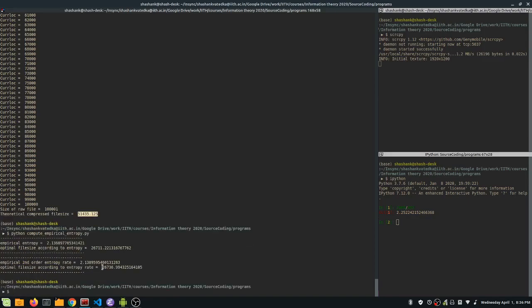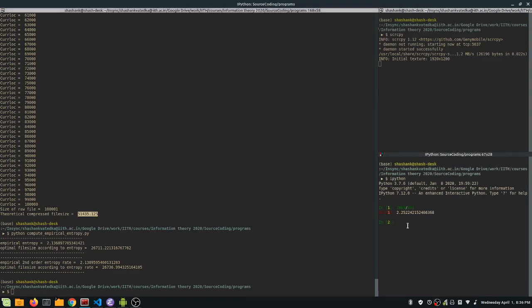And that turns out to be roughly 26,007. So 51 divided by 26, it's better than the other. It's getting closer and closer to the entropy rate.